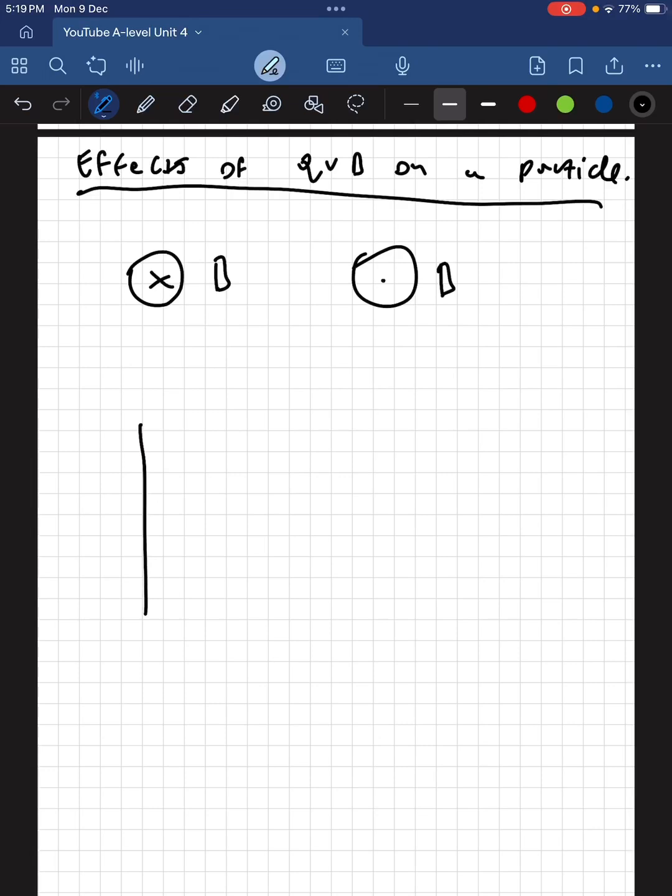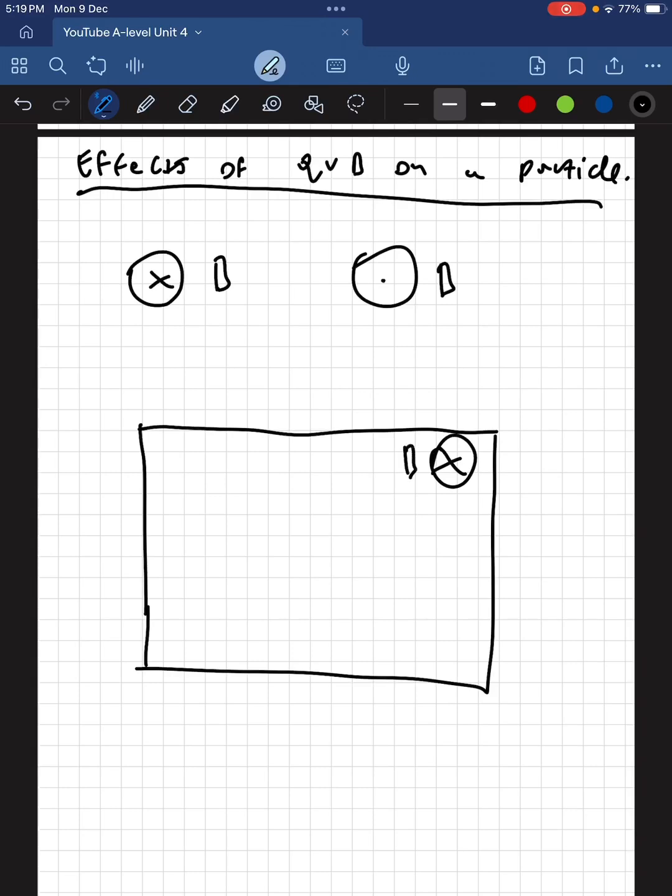So let's imagine that we have a region in space where B is pointing inwards. So this is my B. And these X's here show that the magnetic field in this rectangle that I drew points into the page.